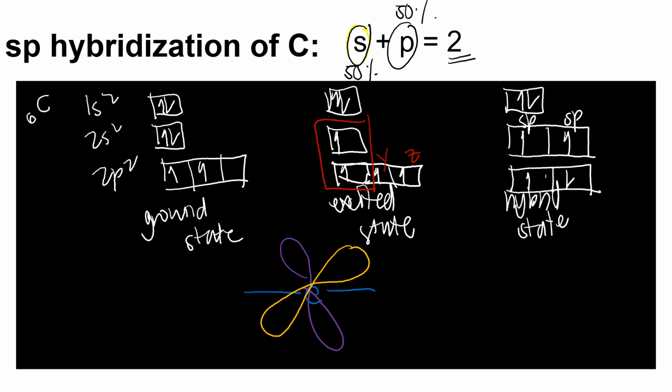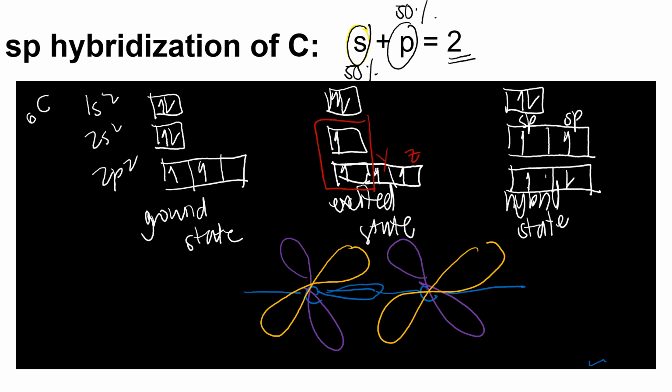In C2H2, you have two of these carbon atoms. Again, this is the second carbon atom. And do not forget the X, the Y, and the Z unhybridized.